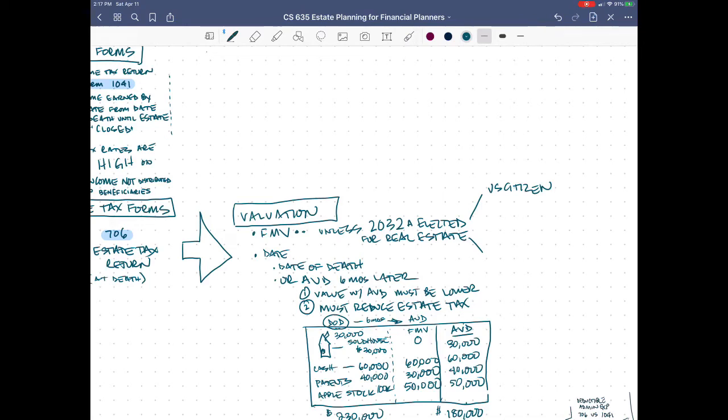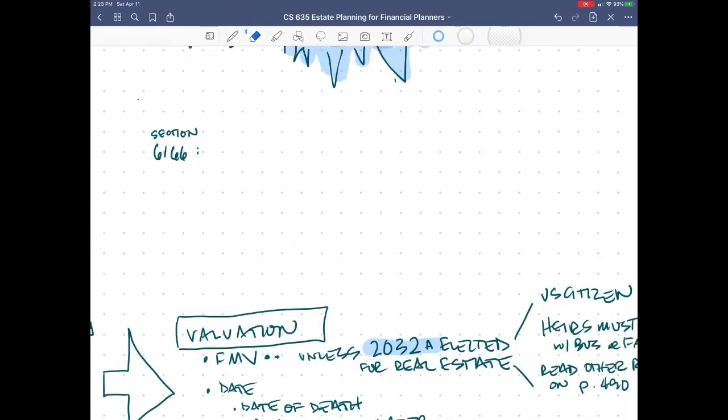But the big rule that usually makes it difficult for people to elect this is the heirs must continue to use that property in its qualified use as outlined in the election for a period of at least 10 years following the decedent's death. So if they don't want to keep running this business or the farm for 10 years, then they're not going to be able to use that election.